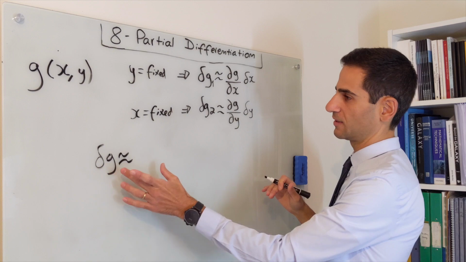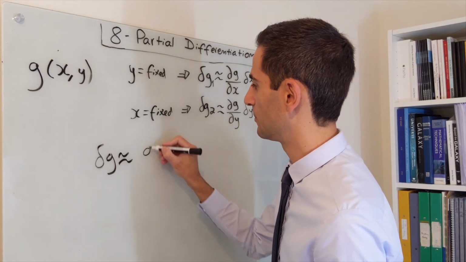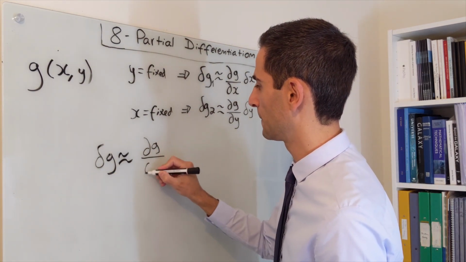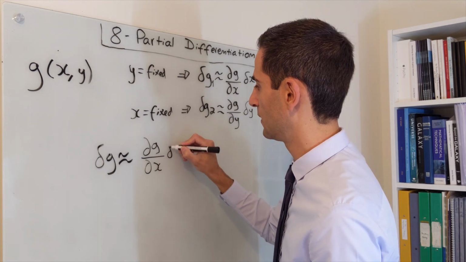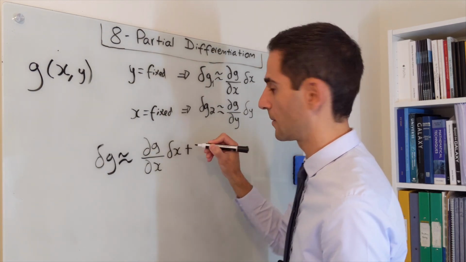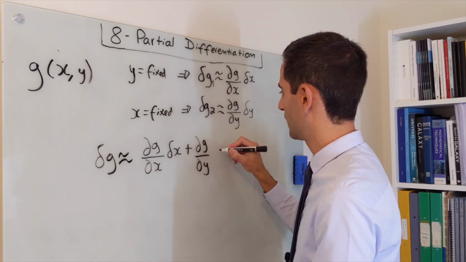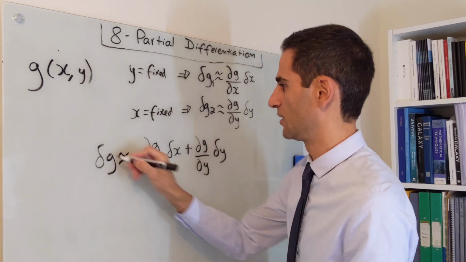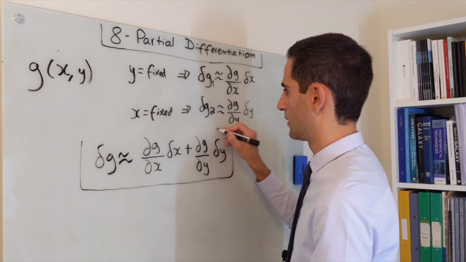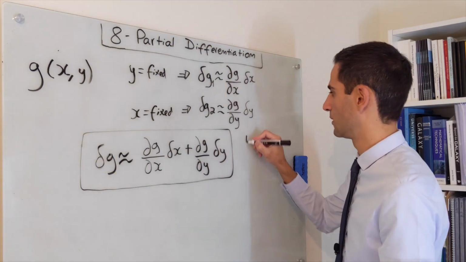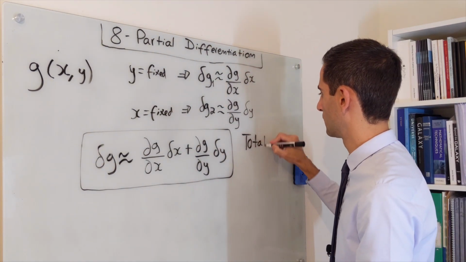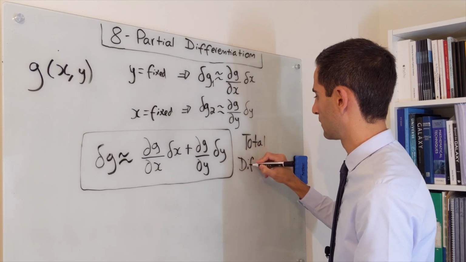In other words, this is approximately equal to the partial derivative of g with respect to x times the change in x, plus the partial derivative of g with respect to y times the change in y. And this is what we call total differentiation.